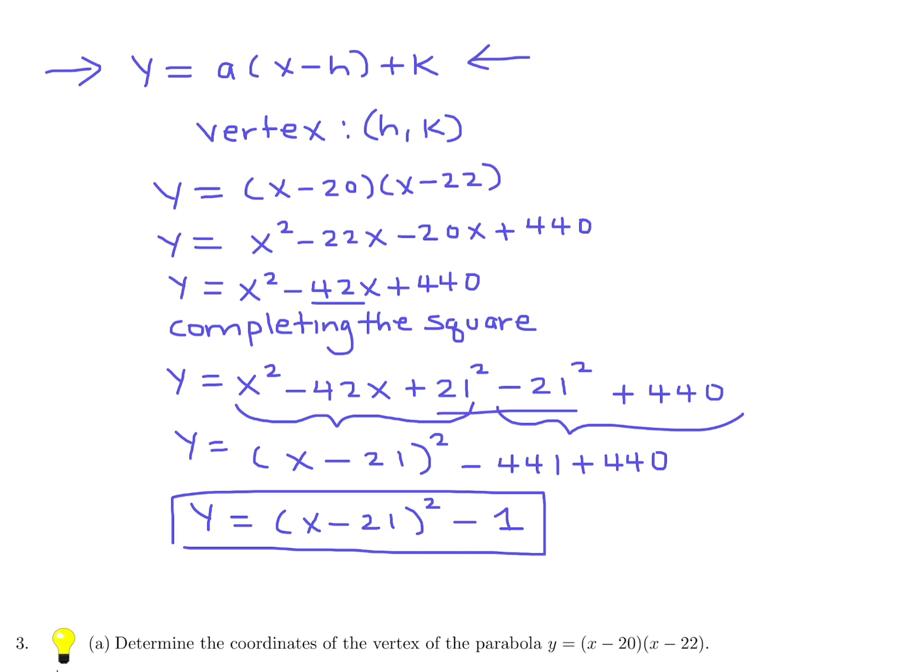So you tell me, what is the vertex? The vertex is (h, k). In our case, our h is 21 and our k is -1. So (21, -1) is the vertex of that parabola.